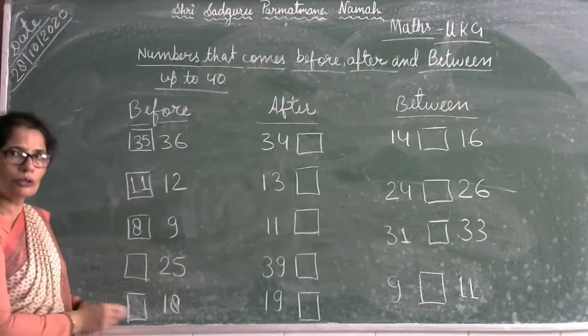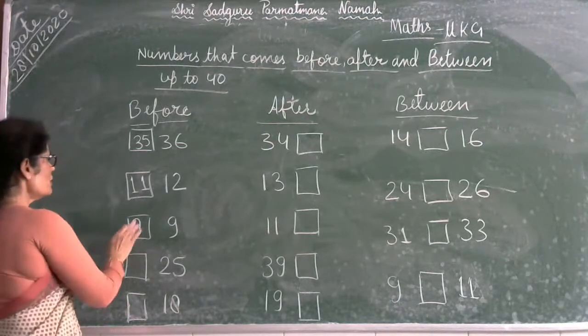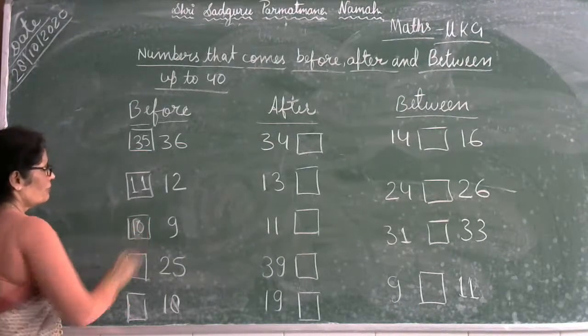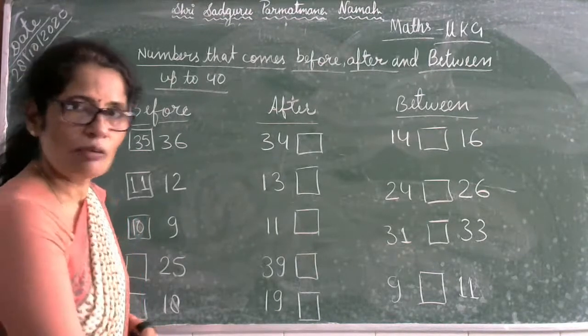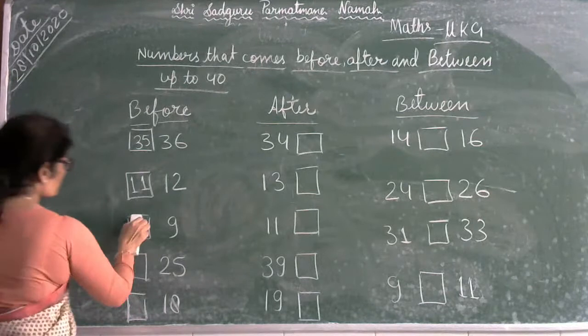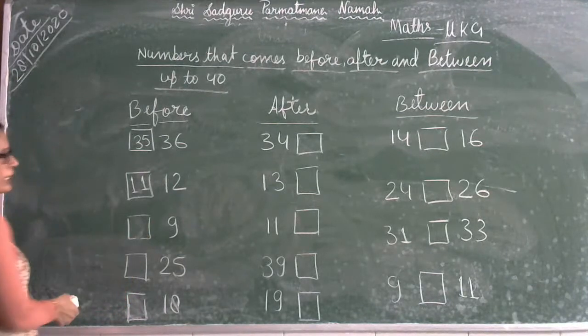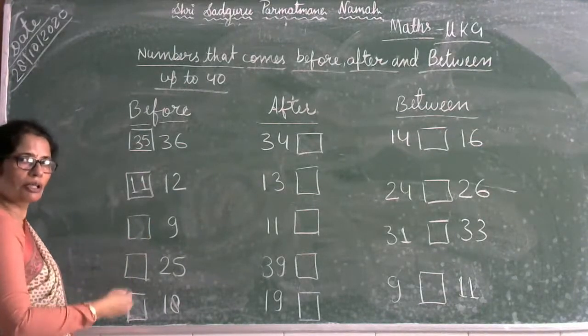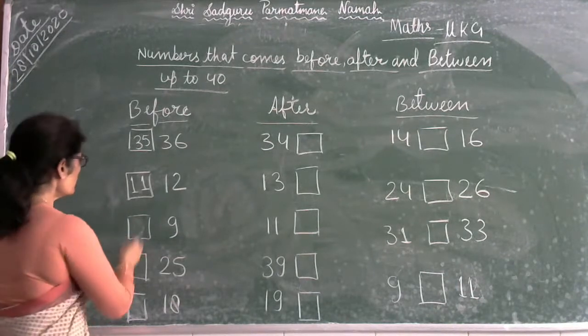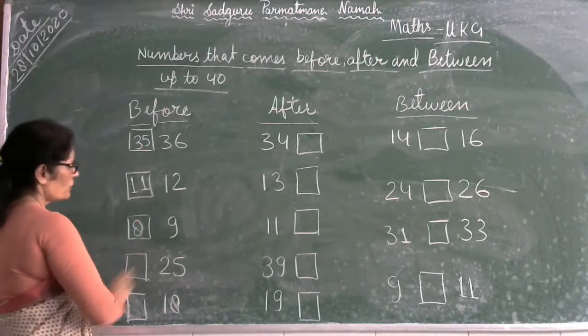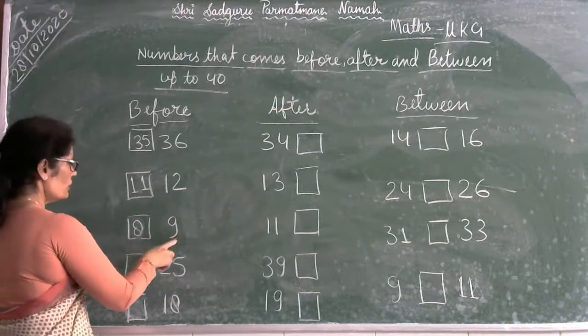Sometimes children write 10 here, which means they count forward. So this time we have to remember, if we make the blank before the number, we have to read the counting one time backward, so the number will be 8. Means 8 comes just before 9.